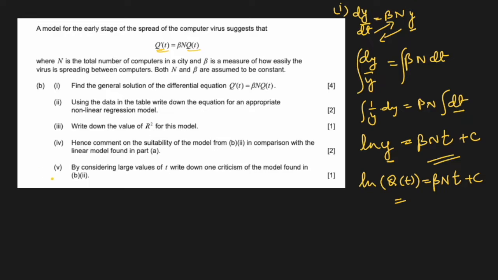Next, number 2, using the data in the table, write down the equation of an appropriate non-linear model. As we saw earlier, the linear model was not a good choice because the data is increasing exponentially. So let's use some other software for this, because my calculator is not showing any capability.